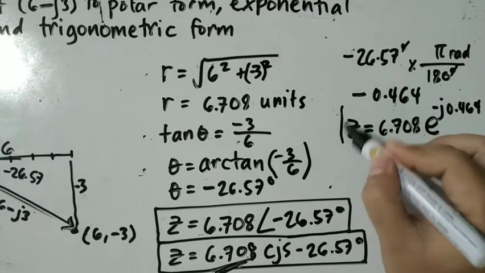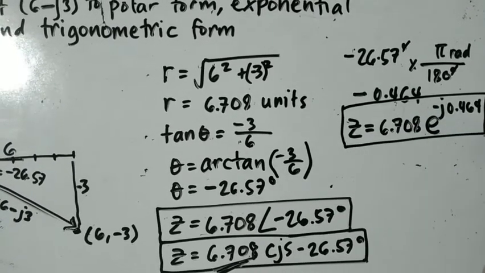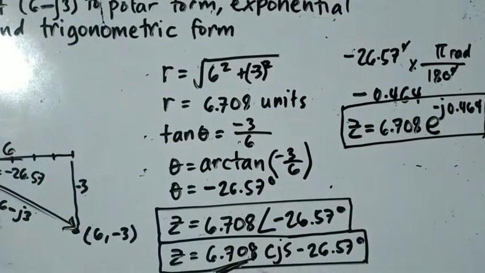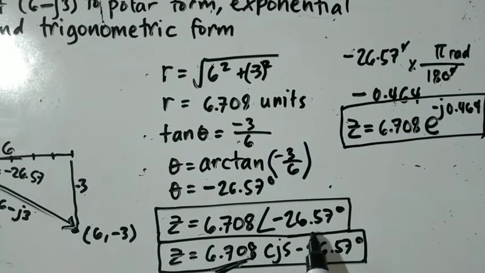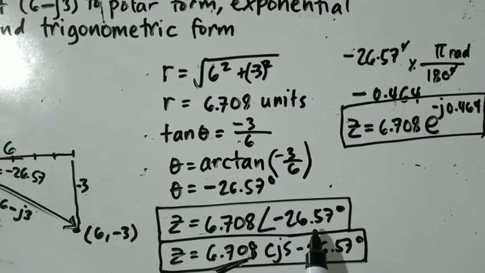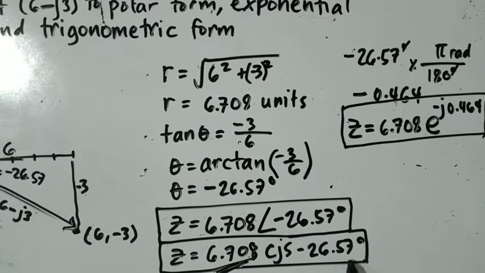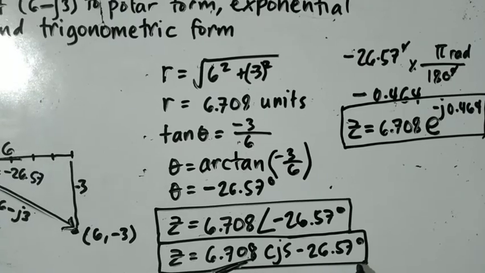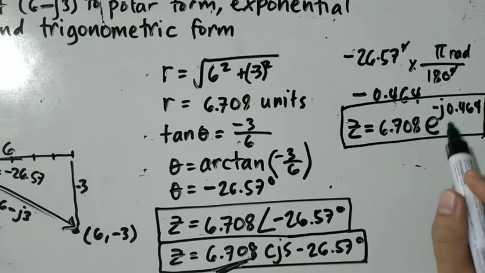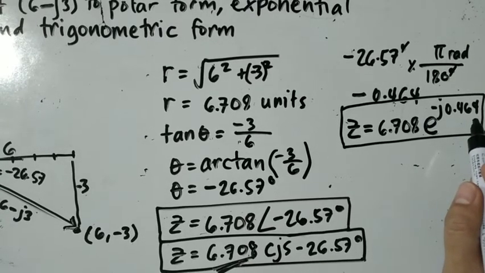So the complex number 6 minus j3 is 6.708 bar angle negative 26.57 degrees in polar form, 6.708 CJS negative 26.57 degrees in trigonometric form, and 6.708 times e to the power of negative j 0.464 in exponential form.